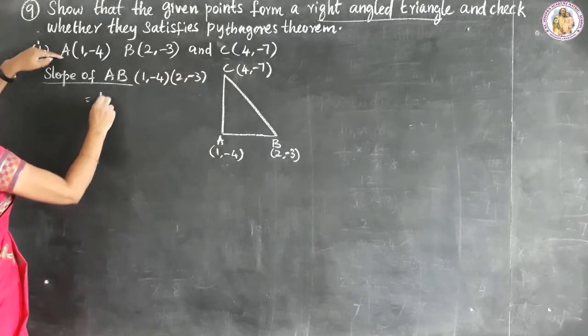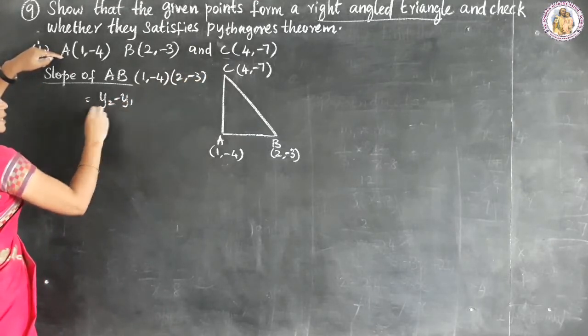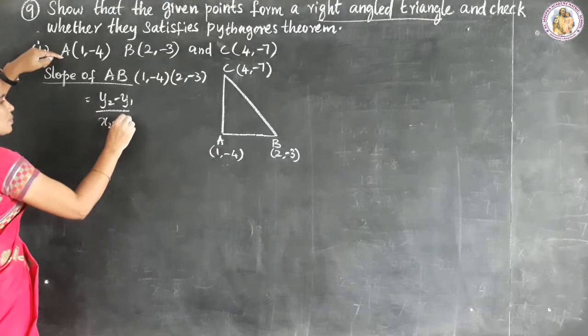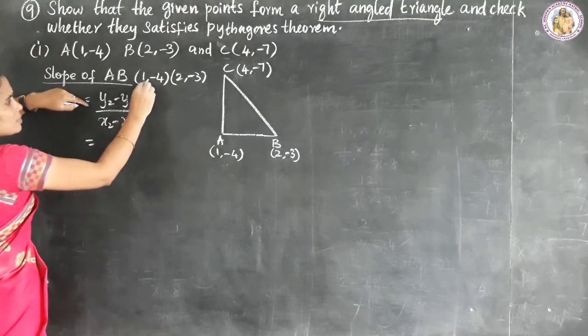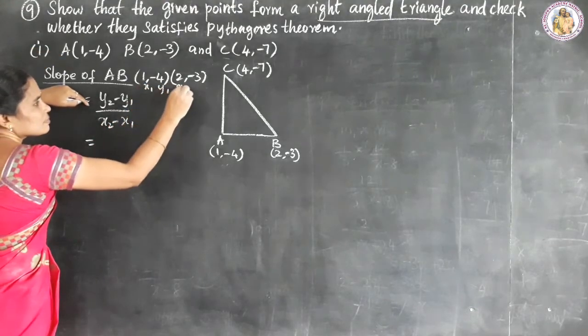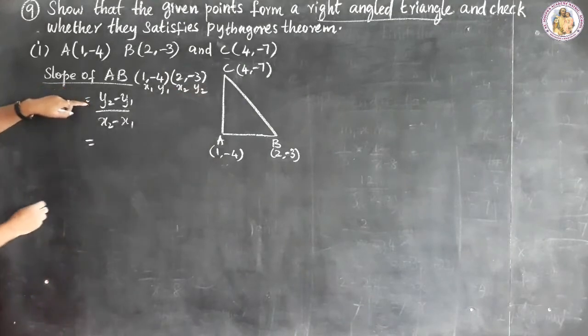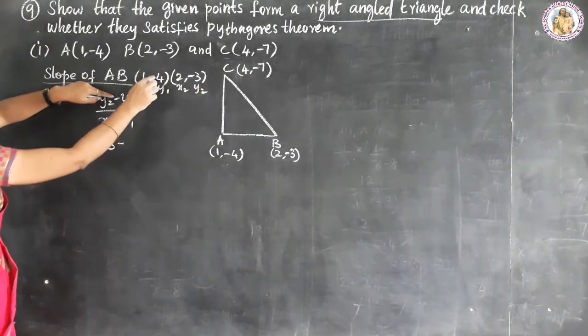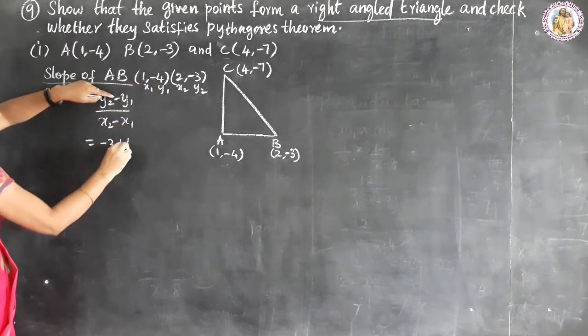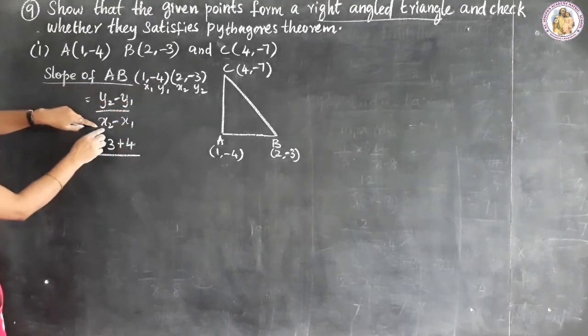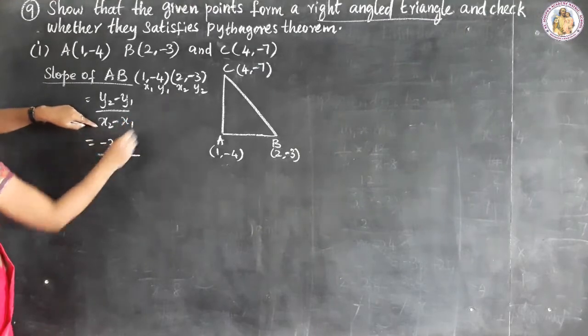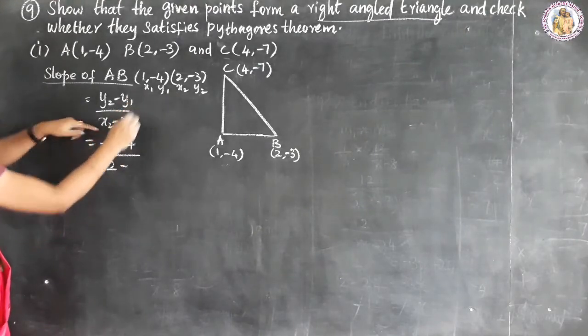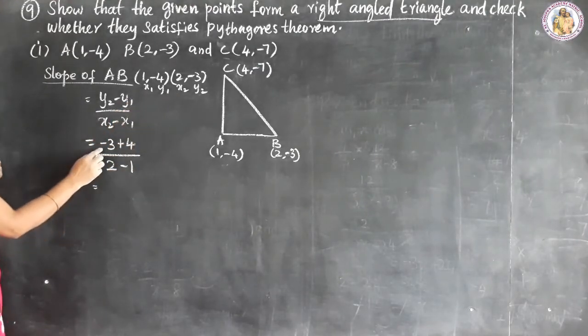So find y2 minus y1 divided by x2 minus x1. Substitute the values. Okay, y2 is -3 minus y1. y1 is -4. Minus 4 will become plus 4, divided by x2 minus x1. x2 is 2 minus x1 is 1. So different sign, -3 plus 4.